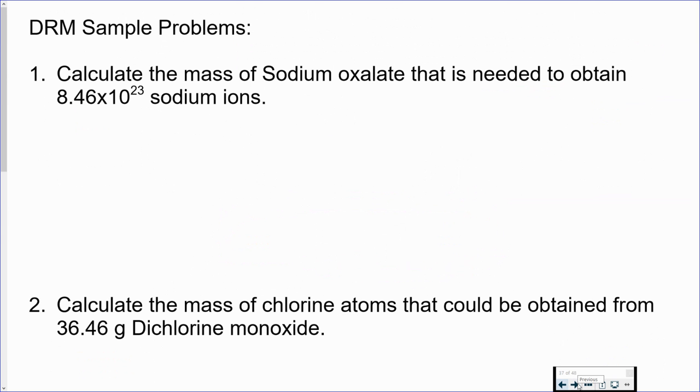So example number one, I will run through. It's calculate the mass of sodium oxalate. Sodium has a +1 charge. Oxalate is C2O4 with a -2 charge, giving us Na2C2O4.